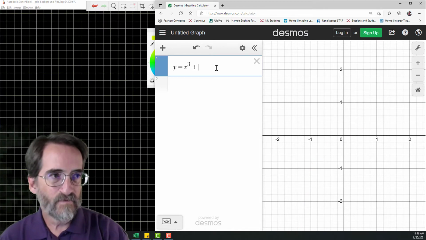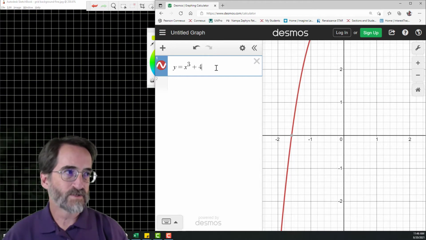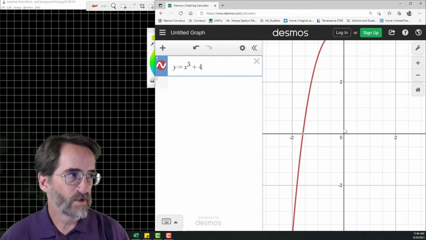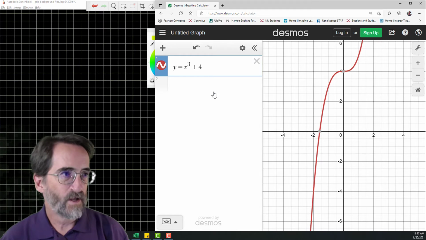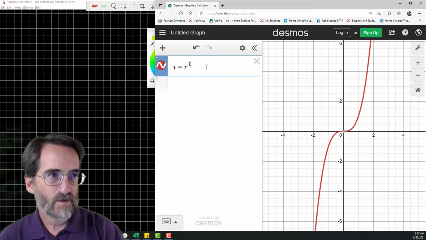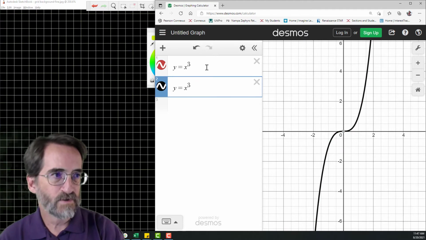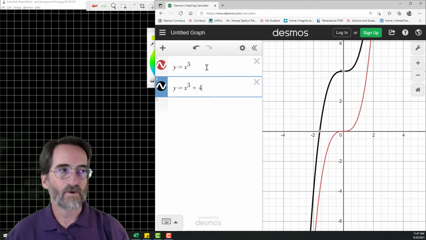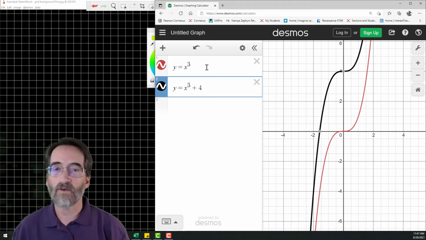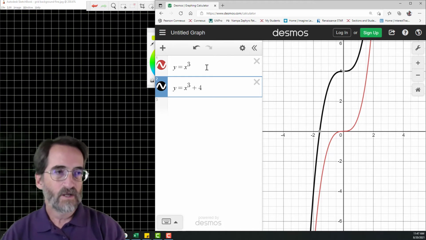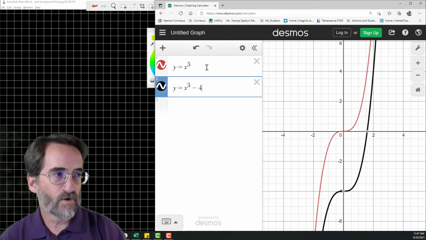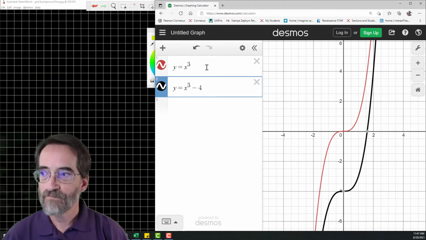If I add 4 to the outside, the whole thing jumps up. Y equals x cubed plus 4, and you'll notice the black one is the same as the red one, just moved higher. If I change it to a minus 4, it moves down.